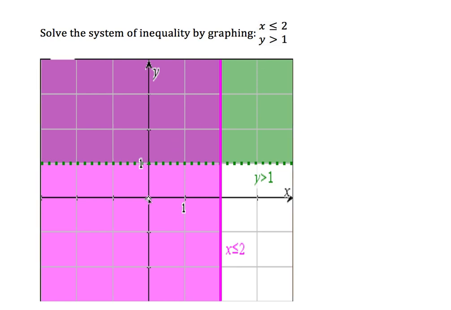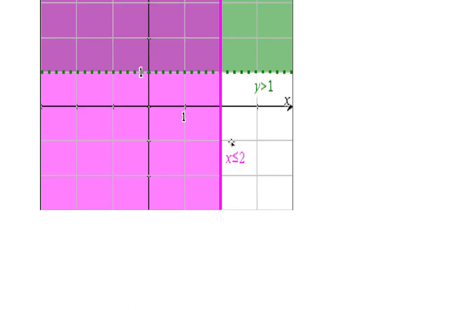So then 0, 0 is right here. So you're going to shade the opposite side of where 0, 0 is. And so you're shading up here. And then the area that is included in the system of inequalities is this area that is shaded with both the pink and the green. Okay.